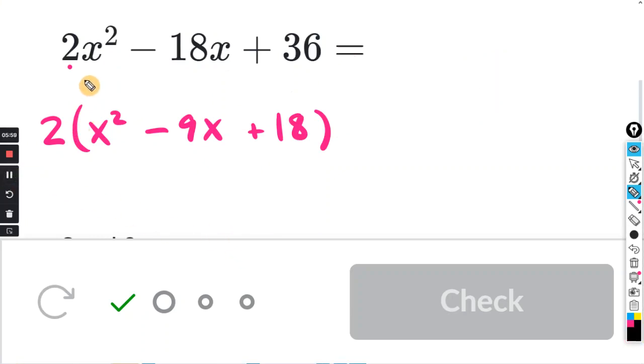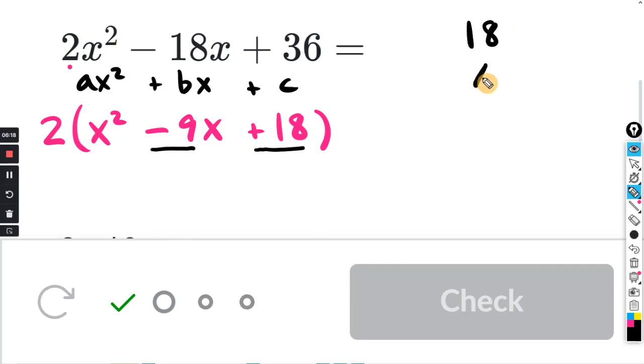Now again, this is in the form of ax squared plus bx plus c. All right, we want two numbers that multiply to 18 and add to negative 9. So let's write out the factors for 18. All right, 6 times 3 is good.